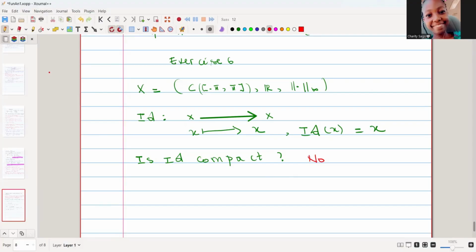To take a counterexample, we are going to take a sequence of functions. It was given in your notebook.